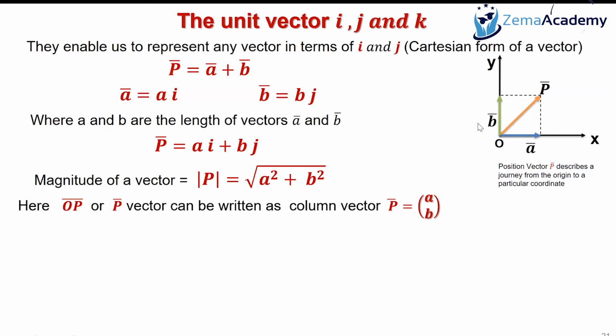I am sure that you must have done this resolving of a resultant vector or force vector back in your GCSEs. In this case, this vector A is lying on the x-axis, hence the directional component of this vector A is just i.